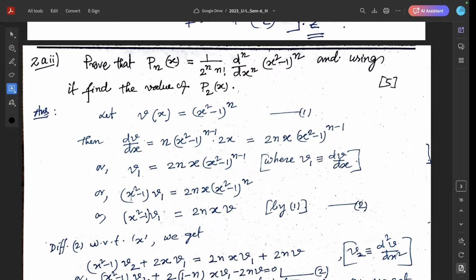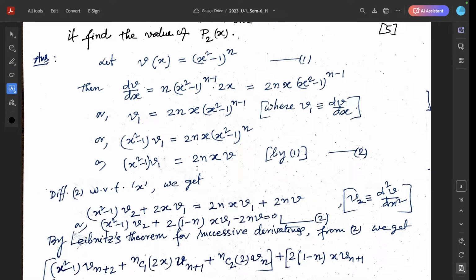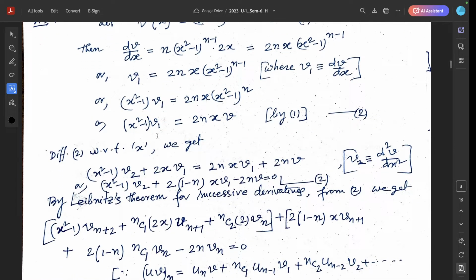So if we multiply by (x squared minus 1) on both sides, we get (x squared minus 1) into v1, where v1 means dv/dx, equal to 2nx (x squared minus 1) to the power n, and this (x squared minus 1) to the power n is v. So we get this. Differentiating 2 with respect to x, we get this by Leibniz theorem.